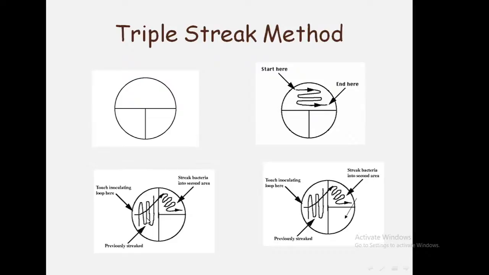Next, the same, start from this, and then the second and third one. Start from here and like this. So this is the triple streak method. Another name is the quadrant method, the 4 quadrant streak plate method.